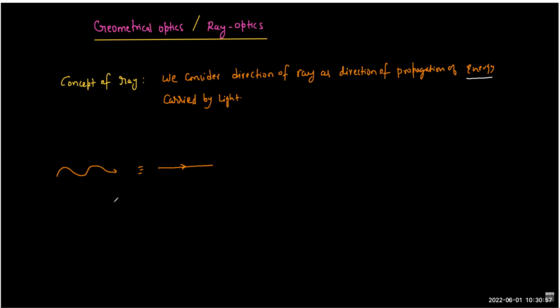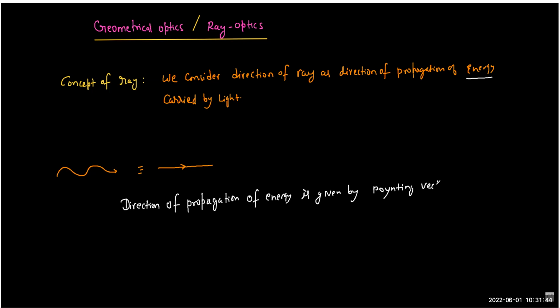Now, you will study later on in the chapter of electromagnetic waves that the direction of propagation of energy is given by the Poynting vector. This Poynting vector is very famous in electromagnetism.